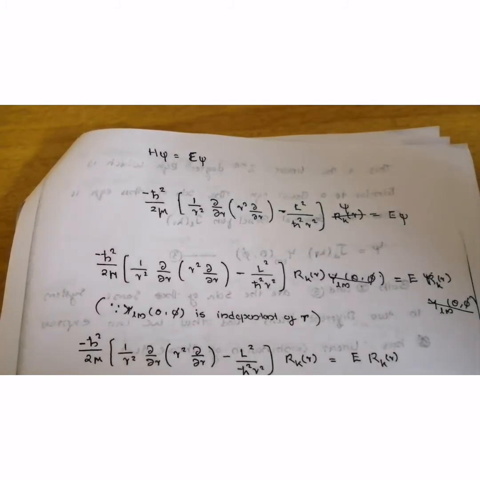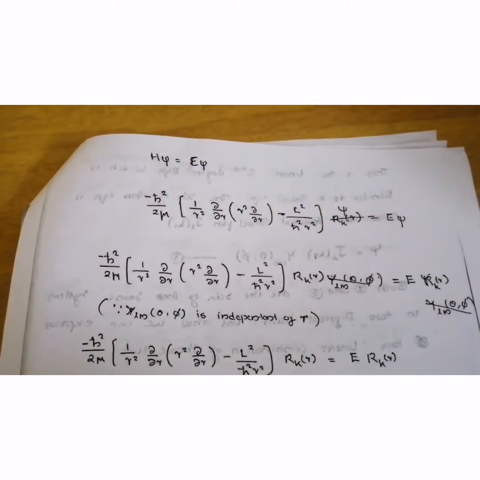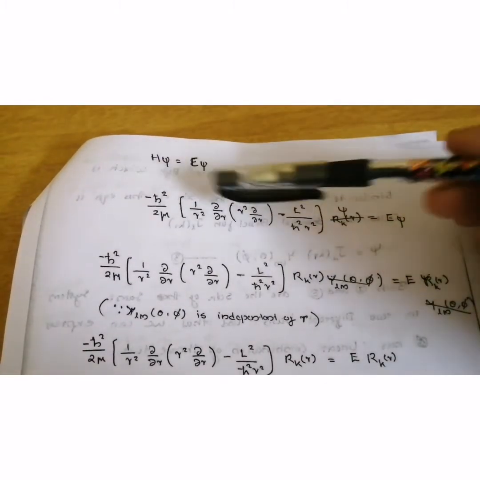So substitute the value of H in our Schrodinger equation, H psi equal to E psi.